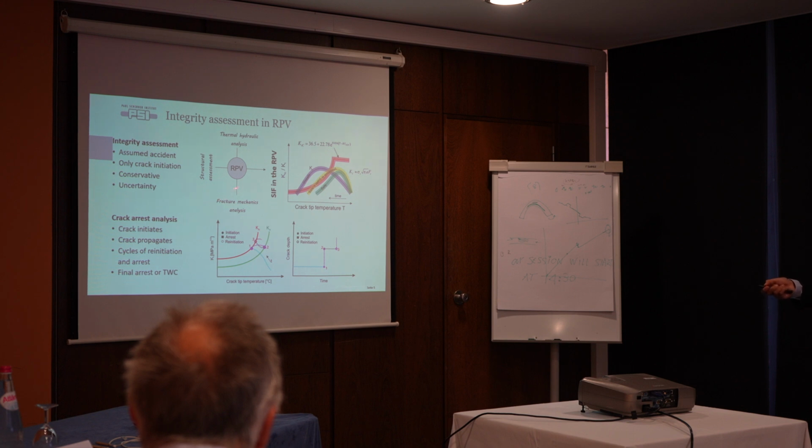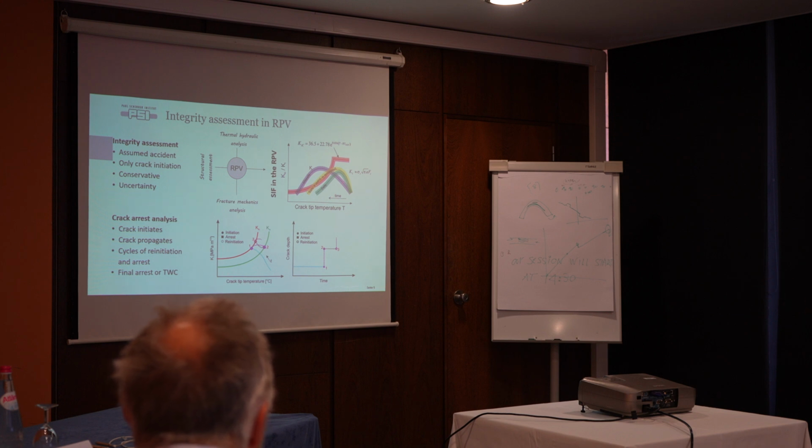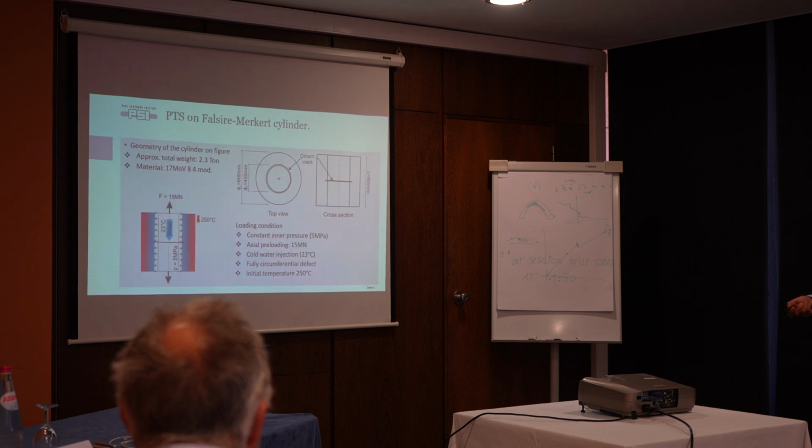Based on this analysis, we can plot the stress intensity factor of an initial defect and compare it against the fracture toughness. We can have different situations: safe, unsafe, or safe if we consider warm pre-stress effects. But in our case, we want to go to the crack arrest analysis, meaning that we want to initiate the propagation of the crack and see if we can observe crack initiation and arrest in our simulation, because it has already been observed in experiments.